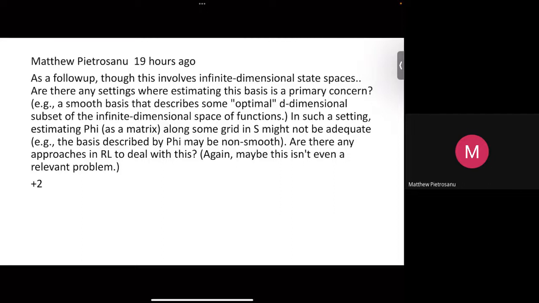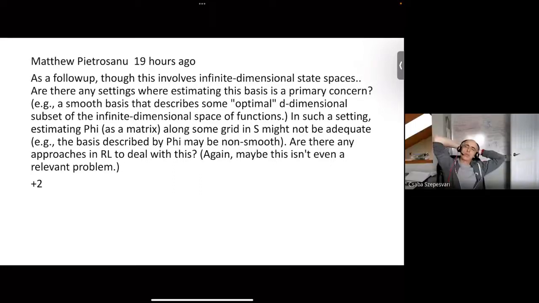In the lecture notes, they talk about how you can formulate this as a matrix, or rather your basis is represented as a matrix. Of course, that works if you're working with a discrete state space. But for a continuous state space, estimating that matrix along a discrete grid isn't really equivalent to estimating the basis functions.